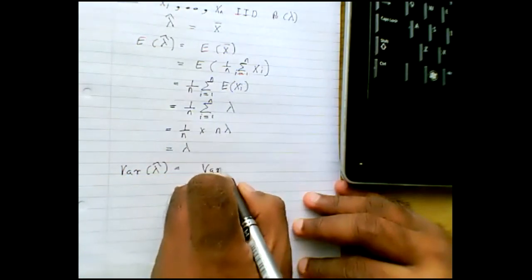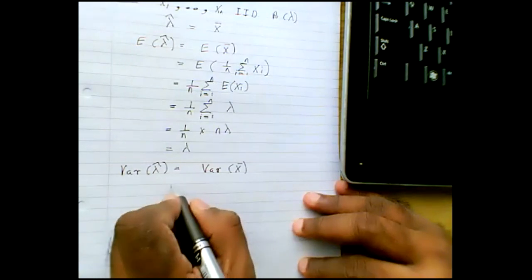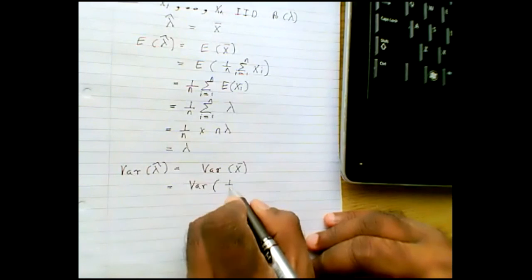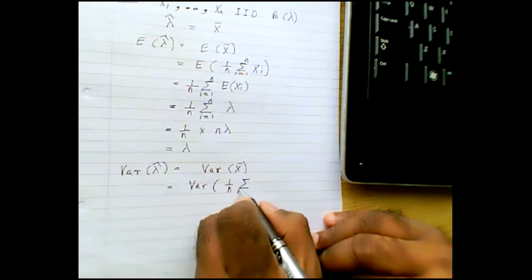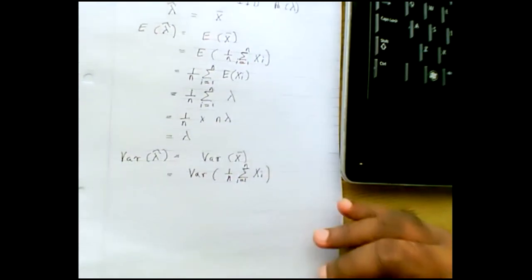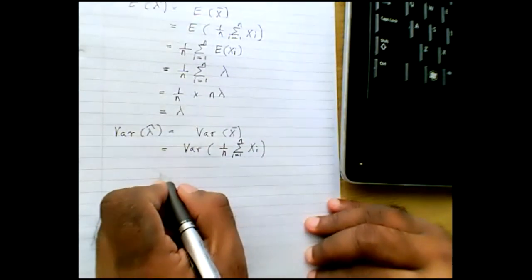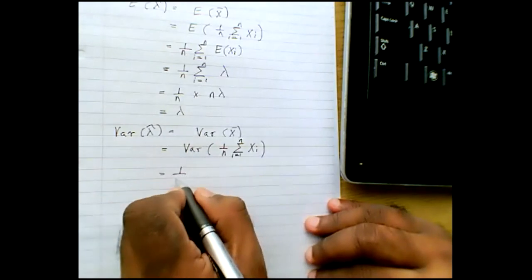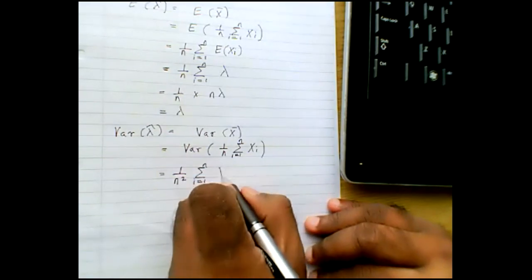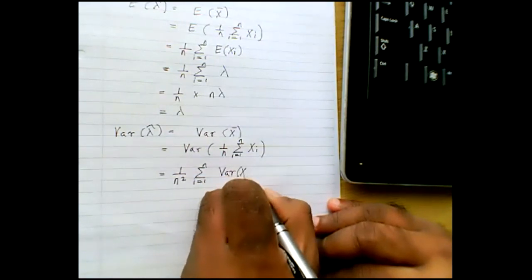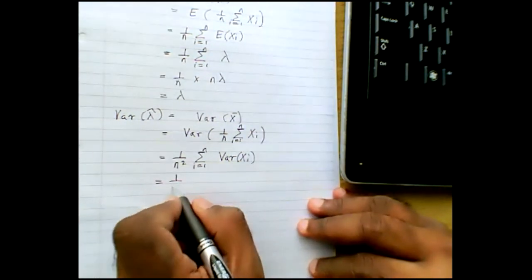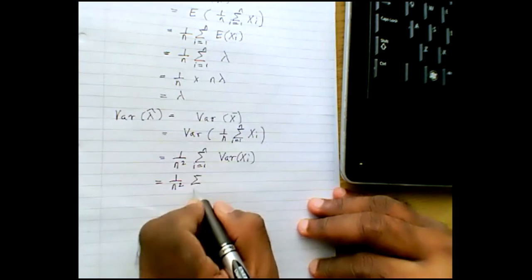The variance is just the variance of x bar. Sorry for running out of time, just give me 1 minute and I will finish. If you take the n outside, it becomes 1 over n squared times the sum of the variances of xi. The variance of a Poisson variable is also lambda.